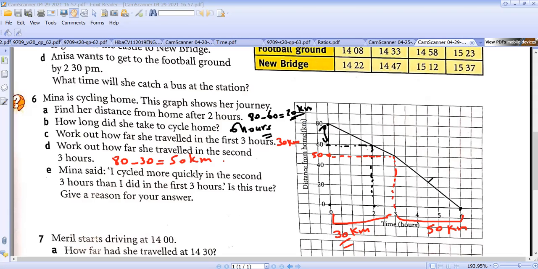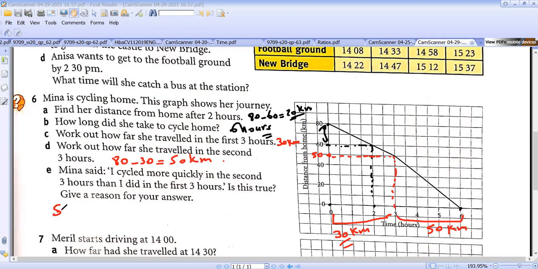Well, obviously she cycled faster in the second 3 hours, because in the same amount of time, she cycled for more distance. So she cycled for 50 kilometers in comparison to 30 kilometers in the same period of time.